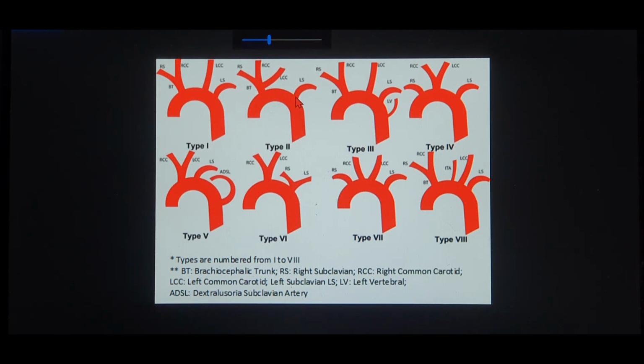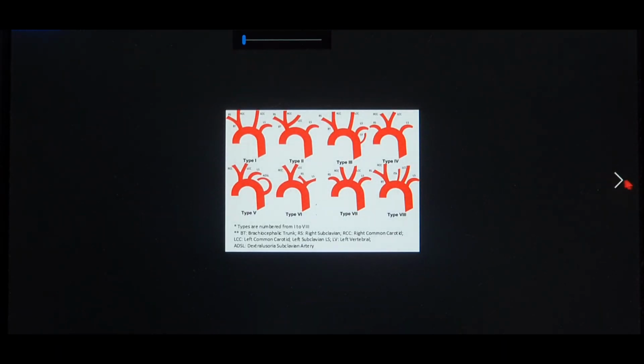You guys can take a screenshot of this and study in detail. We should know that about 85 to 90% of the time this is the commonest variation you can see in the human population. So moving on to the next photograph, as we can see over here.